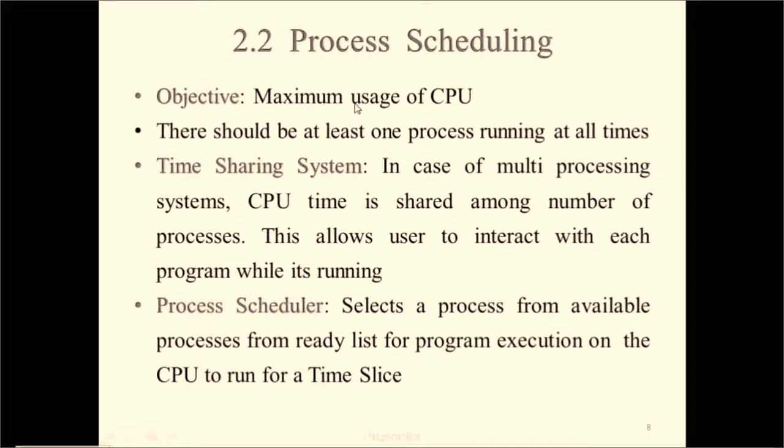Now the question might be asked, why is there this major concentration on usage of CPU, why not other resources of the system like hard disk, keyboard, mouse, or monitor, etc.? Do remember that out of all these things, CPU is the costliest resource of the system. Hence, efficient utilization of CPU is always the target for any scheduler.